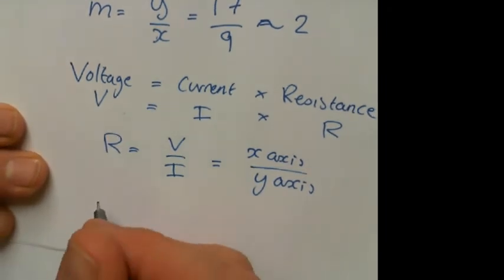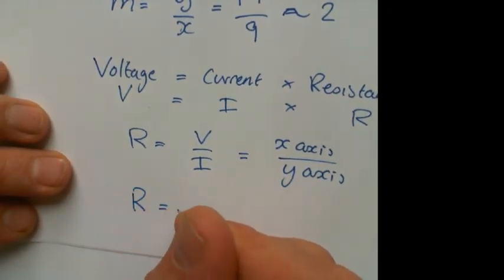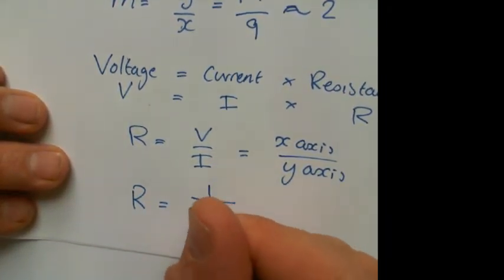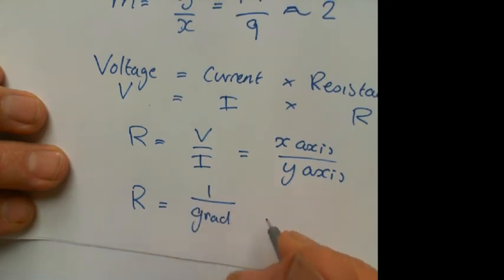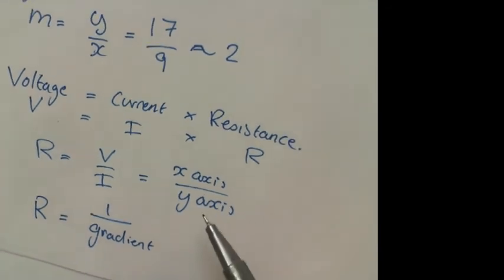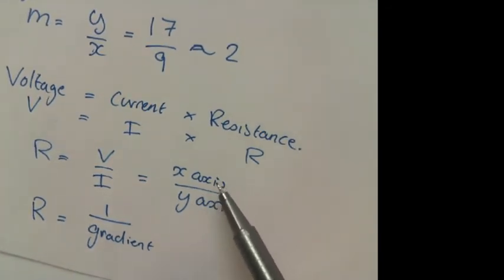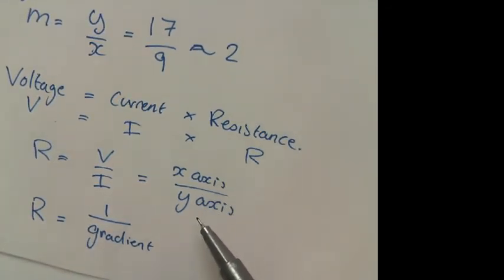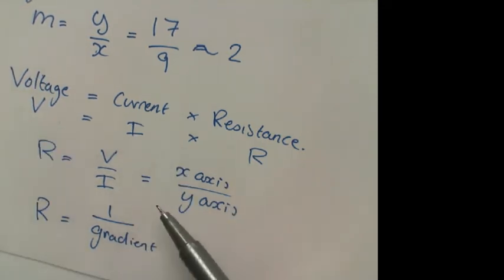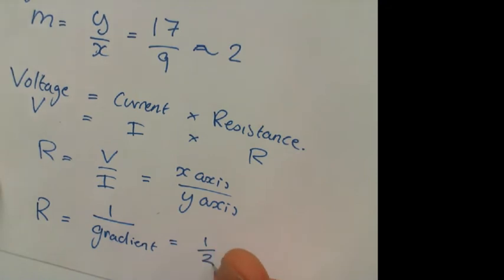So if we want to work out what the resistance is, we need to do 1 divided by our gradient, because we want to have the y on the top of this divide and the x on the bottom. So we want to flip it around. So we do 1 divided by the gradient. So 1 divided by 2.